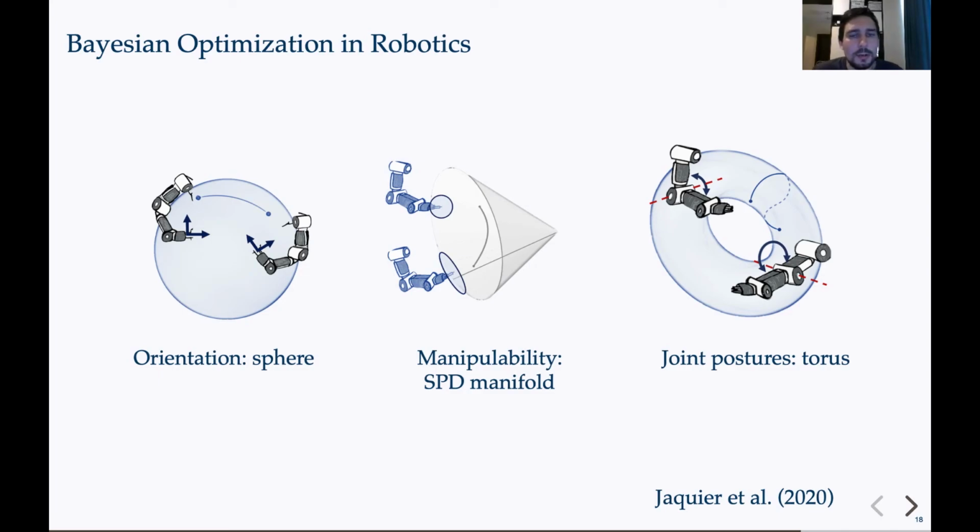Bayesian optimization might be the tool for solving these optimization problems. And as has been shown, it helps very much to use geometry-aware kernels in these settings to improve the performance of Bayesian optimization.